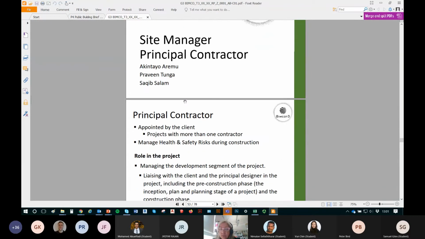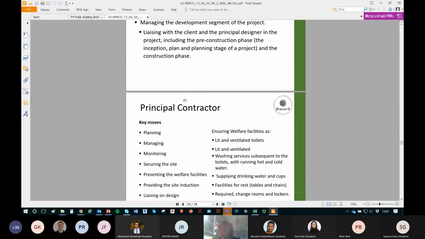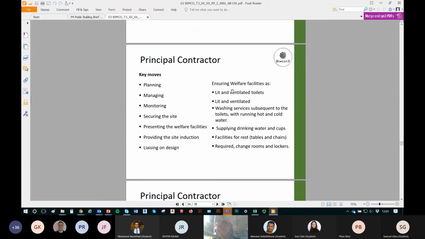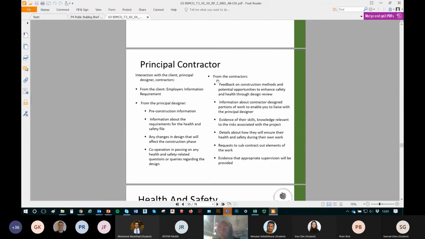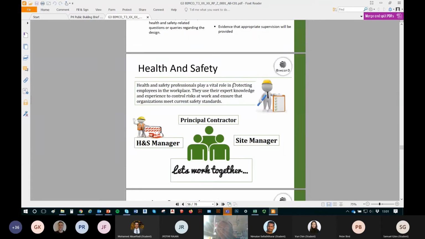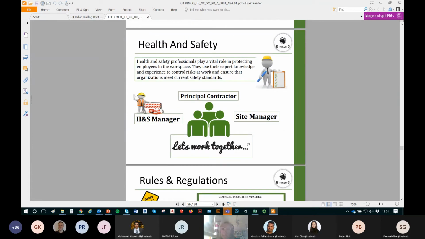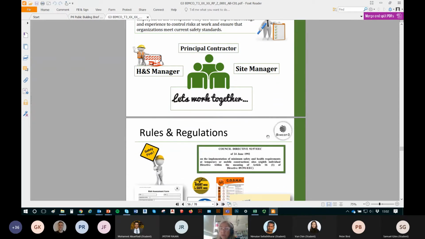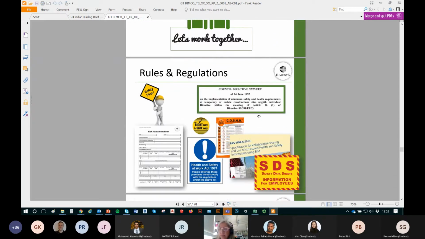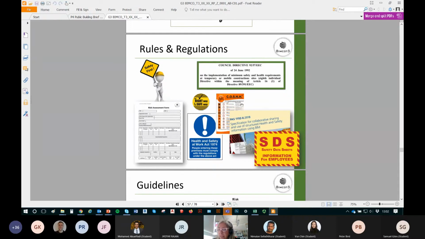Site manager, principal contractor, site key moves or process, and then principal contractor and health and safety. So working together, remember about shared distribution of risk. And what does that mean? Can we enable better risk management by sharing risk?